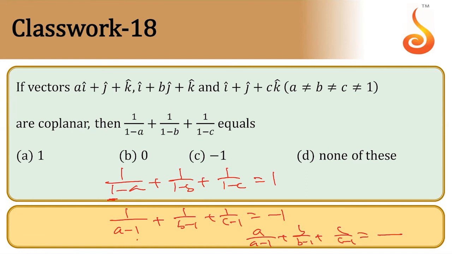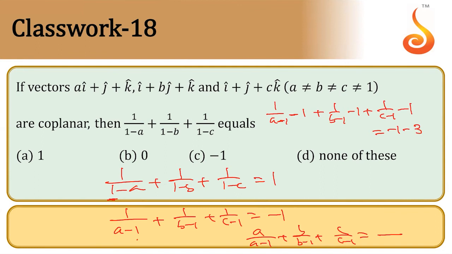What does this answer come to? Anyone? So this one, what I will do is take it like this and add. Equal to minus 1 minus 3, you can take it.